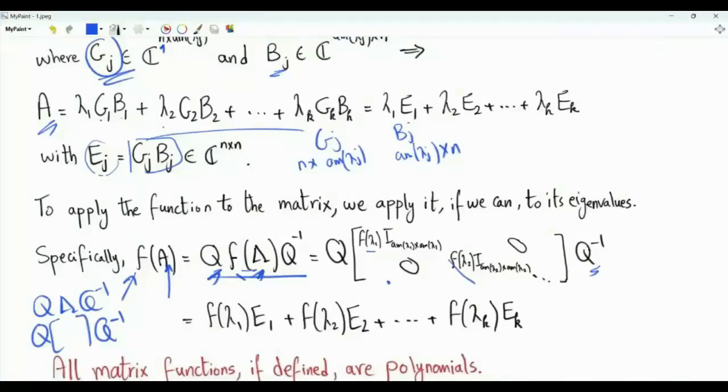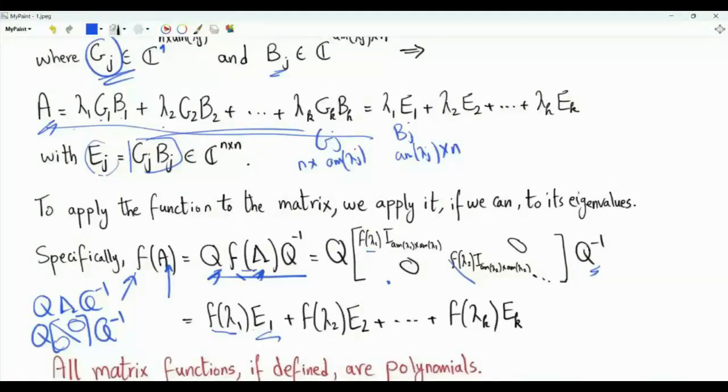But then what we do is that we visit the diagonal matrix big Lambda, and on the main diagonal, we replace each lambda by f applied to the eigenvalue lambda. The off-diagonal elements will remain zeros. This is how we define the function applied to the matrix. If we go to the second representation of matrix A using those E matrices, then f of A is f of lambda 1 times E1 plus f of lambda 2 times E2 all the way to f of lambda k times Ek.